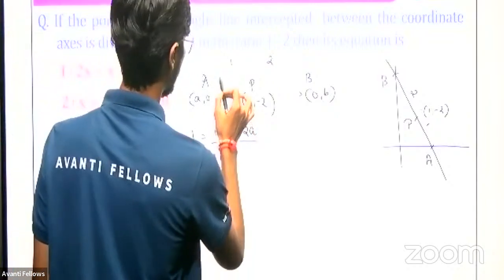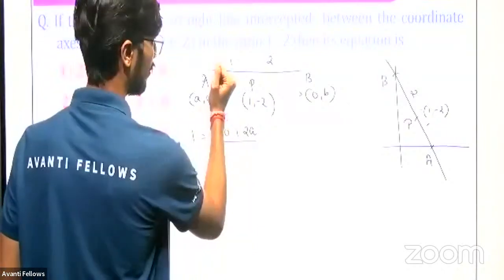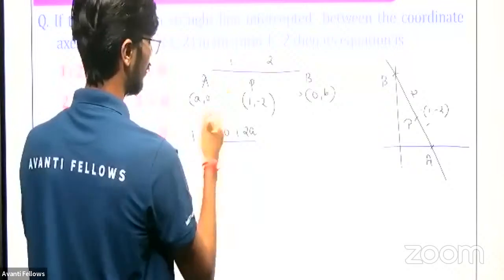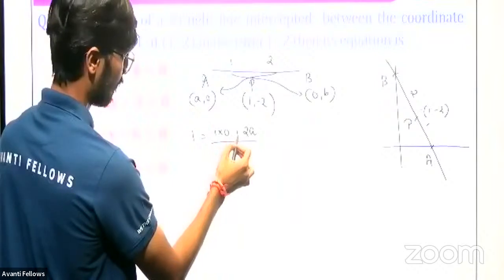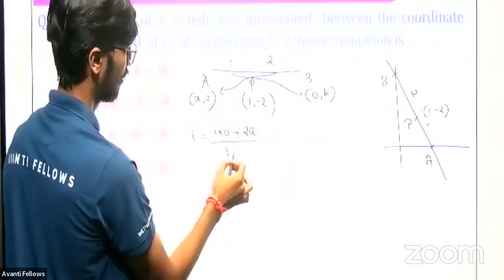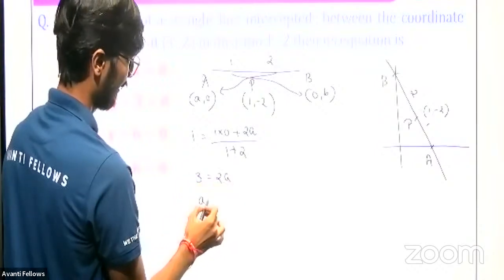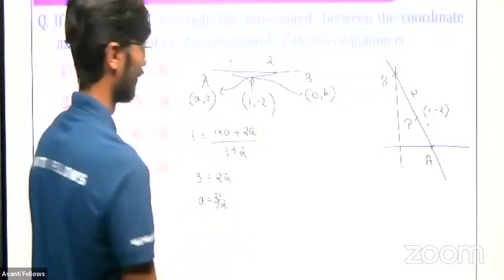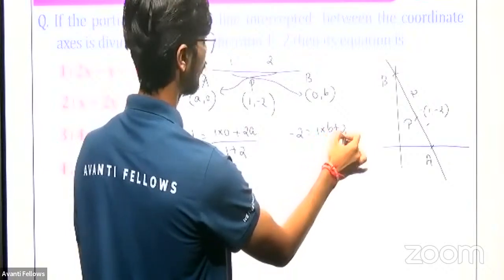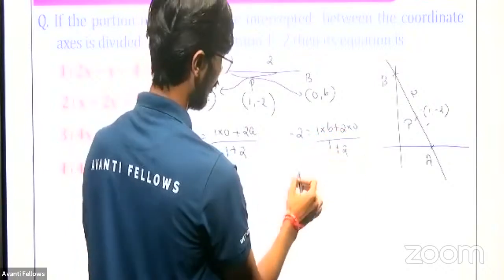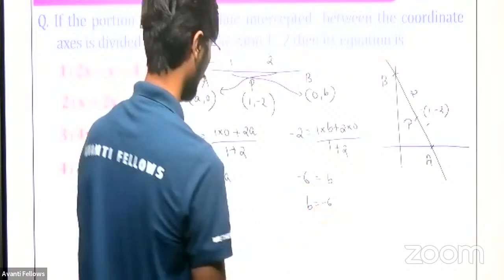So 1 into 0 plus 2 into A upon 1 plus 2. That means 3 is equal to 2A, or A is equal to 3 by 2. And if I equate the y coordinate, I get minus 2 is equal to 1 into B plus 2 into 0 upon 1 plus 2. So minus 6 equals B. So B is equal to minus 6.